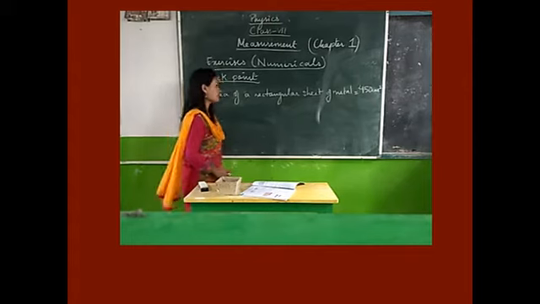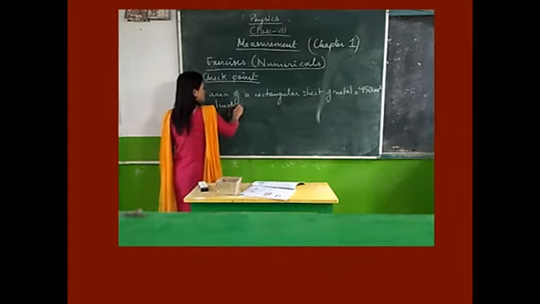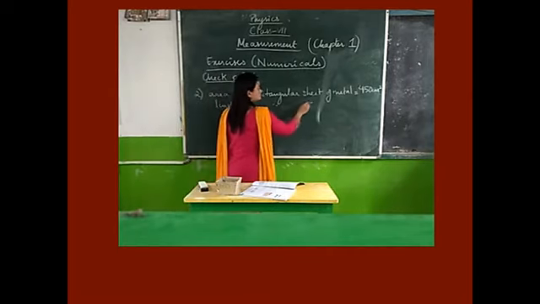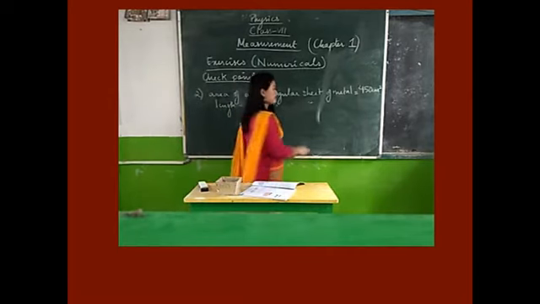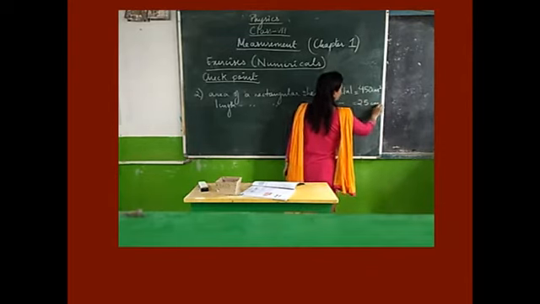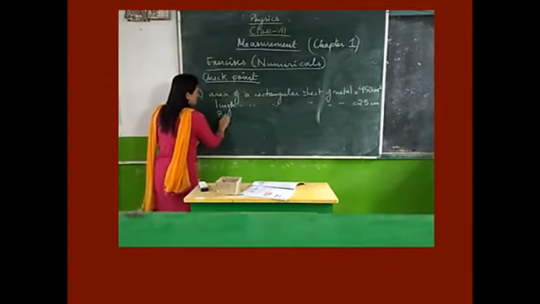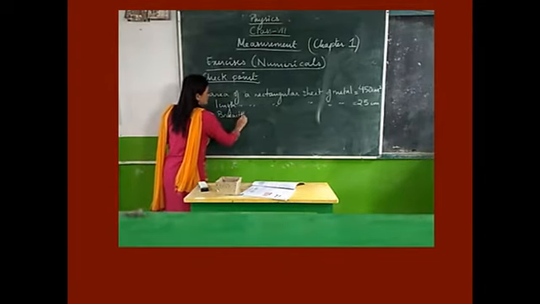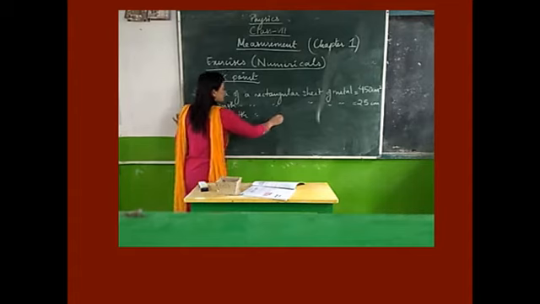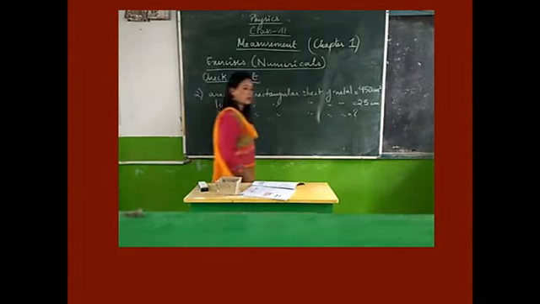And the length is given as 25 centimeter. What are you supposed to calculate? You are supposed to calculate the breadth of the rectangular metal sheet.